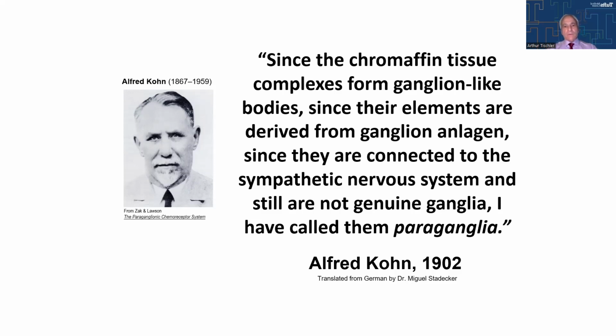And this concept was revolutionary because it was the first conceptualization of a diffuse neuroendocrine system, in this case, a nervous system-derived diffuse neuroendocrine system rather than an epithelial one, that preceded that notion by approximately 50 years.